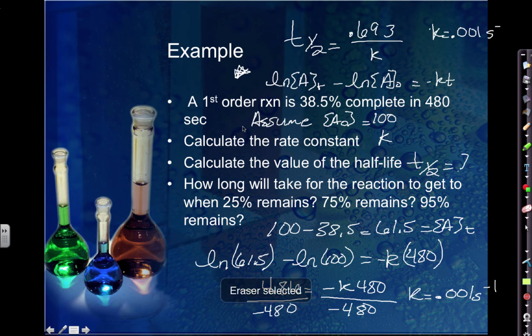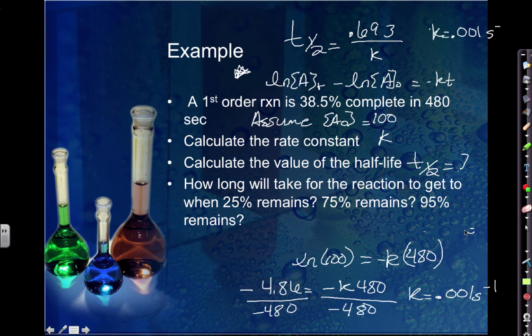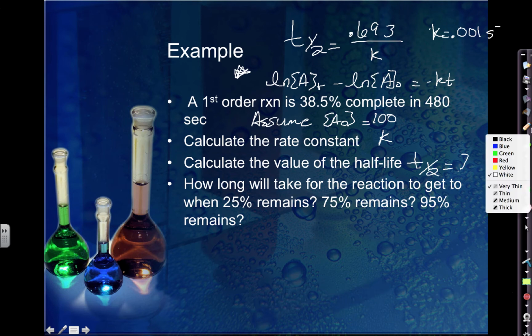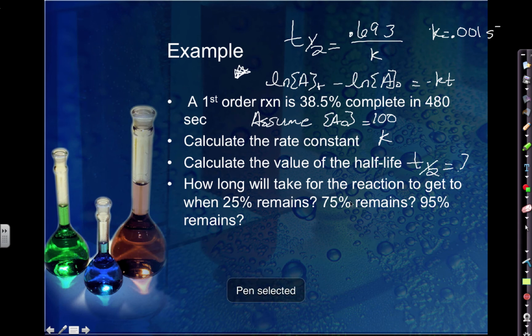So now let's go ahead and calculate the half-life. The half-life is equal to 0.693 divided by K, which is 0.001.